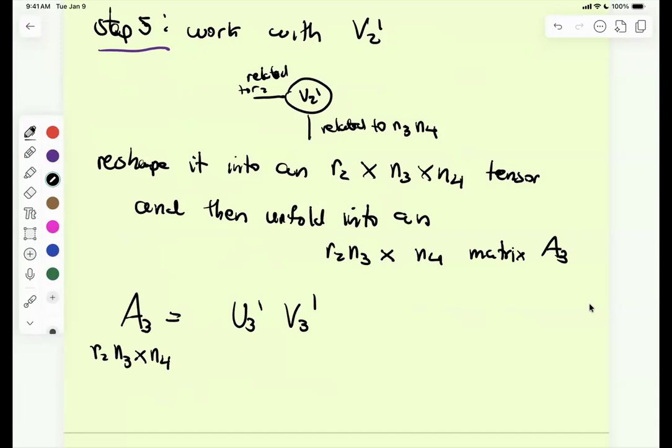And this one is of size R2 and N3 times R4, where R4 would be the rank for this fourth decomposition. And the other one would be of size R4 times N4. Okay.